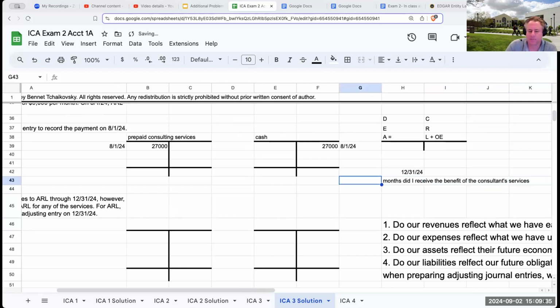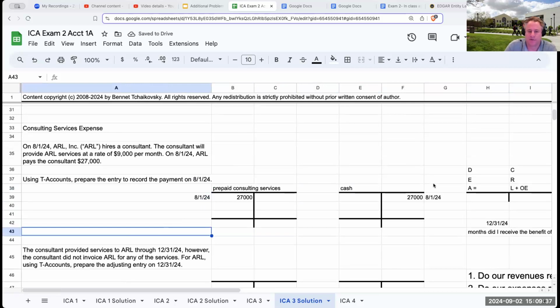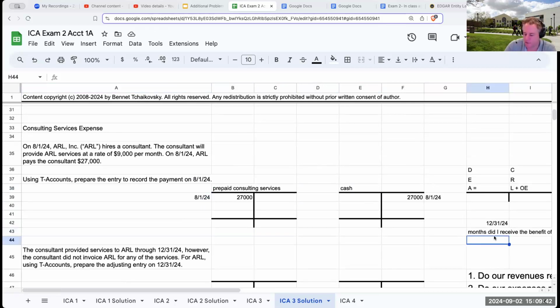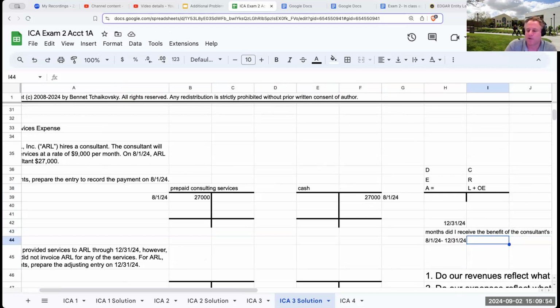Well, this consultant provided work for me from 8/1/24 through 12/31/24: August, September, October, November, December, 5 months. So this is going to be 5 months at $9,000 per month, or a total of $45,000.